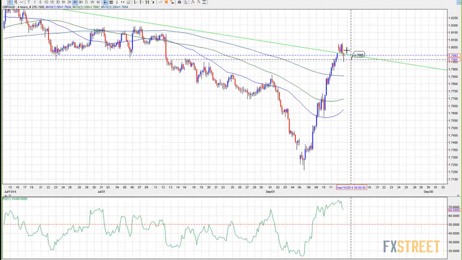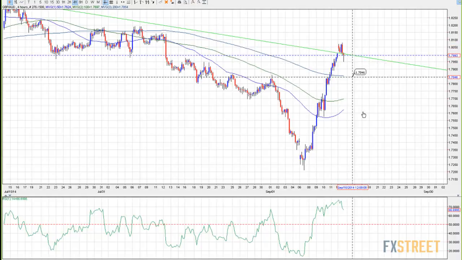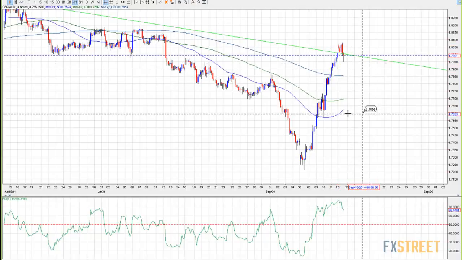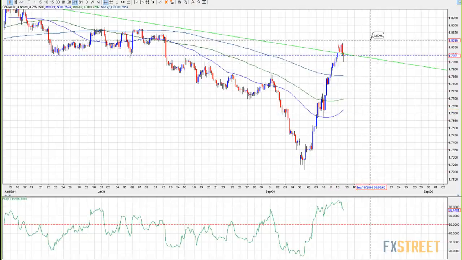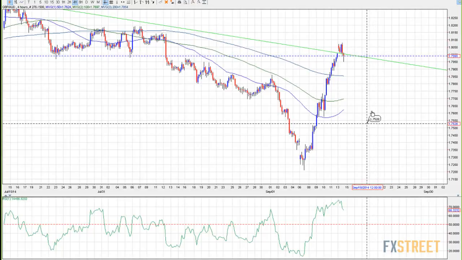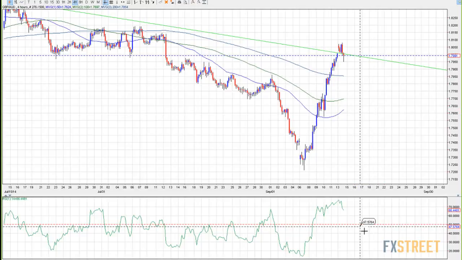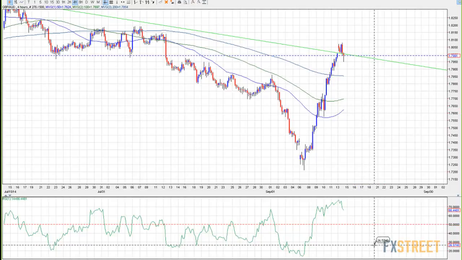We want to wait for a pullback, and if the market can hold above 1.76, this market might still be bullish, or at least sideways in the medium term. If it breaks back below 1.76, there's more chance that the market has revived that bearish bias, especially if the 4-hour RSI also dips back below 40. Okay, so that's the pound Aussie.